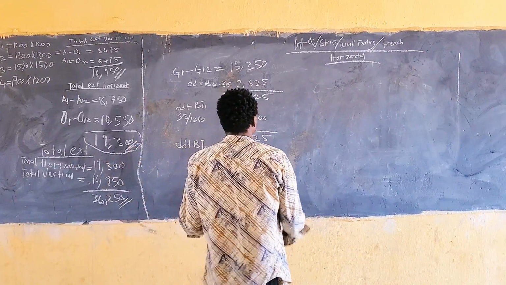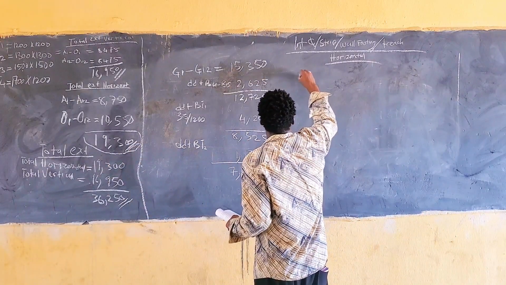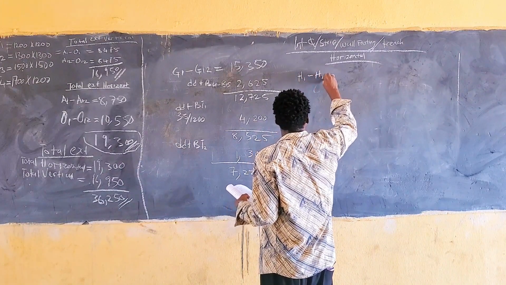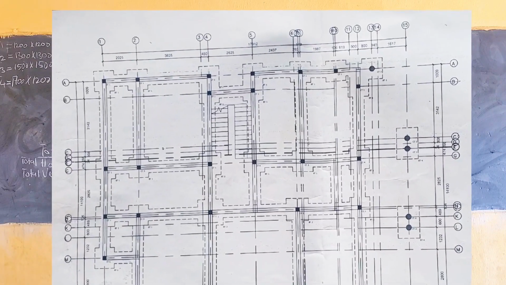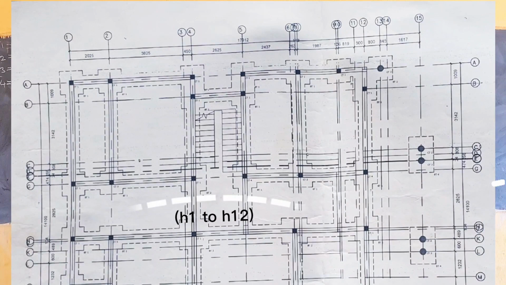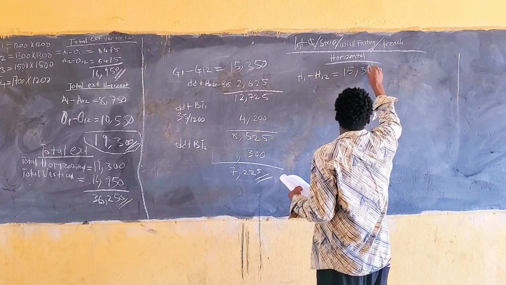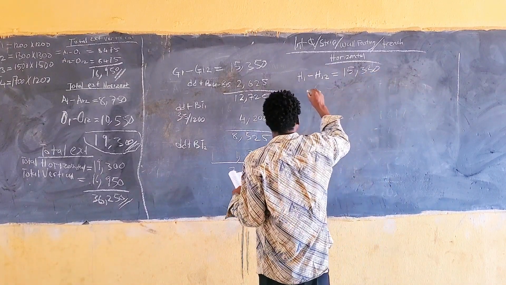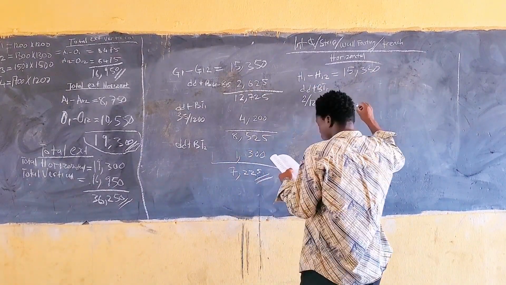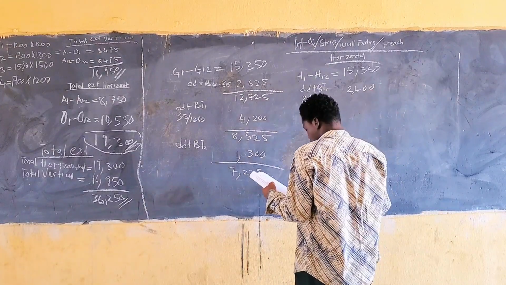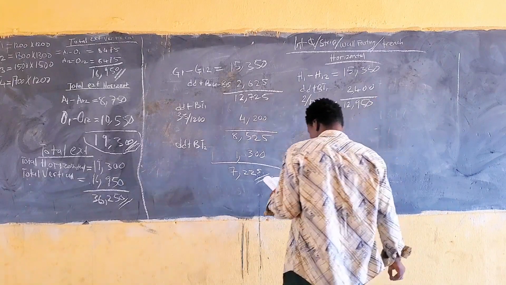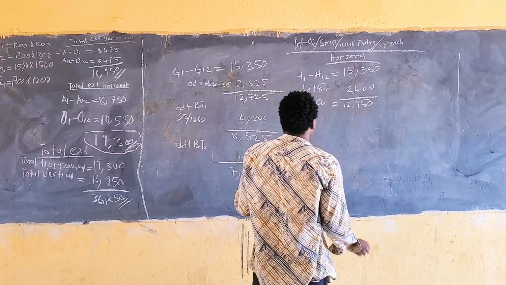So the next one is H1 to H12. That's giving us 15,350. Deduct BT1. There's also base type 3 along this distance.